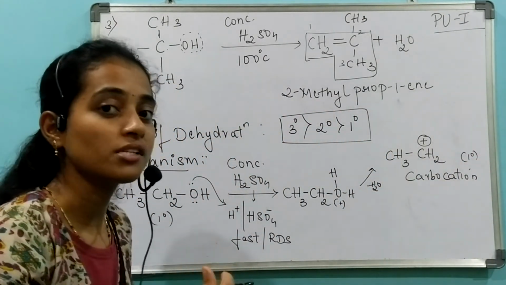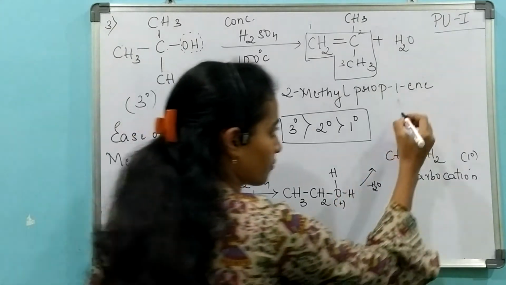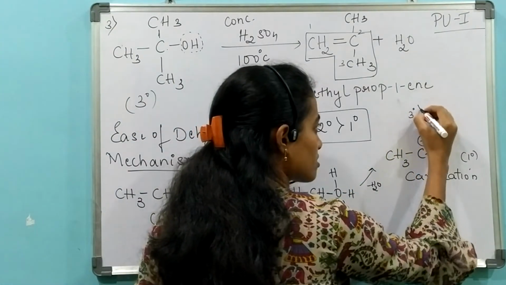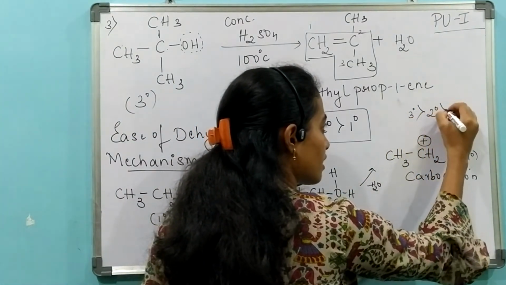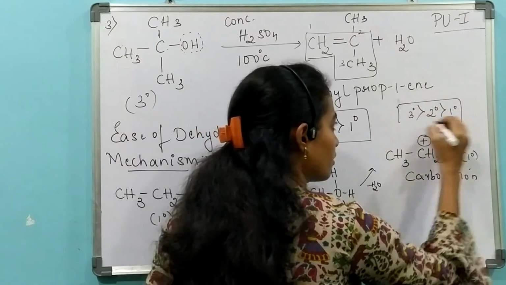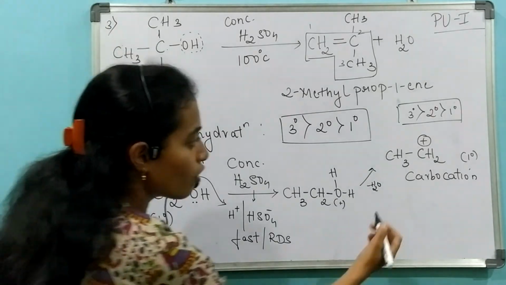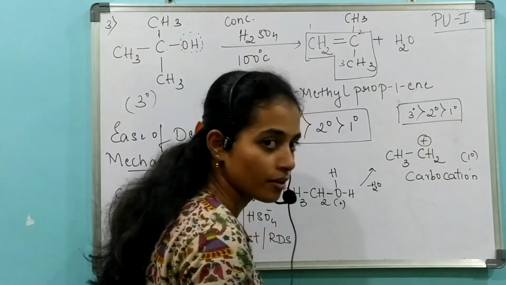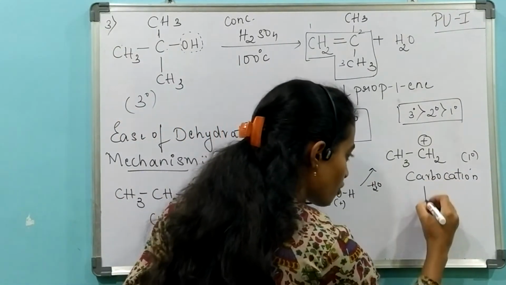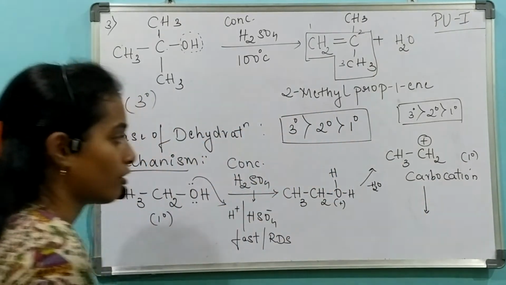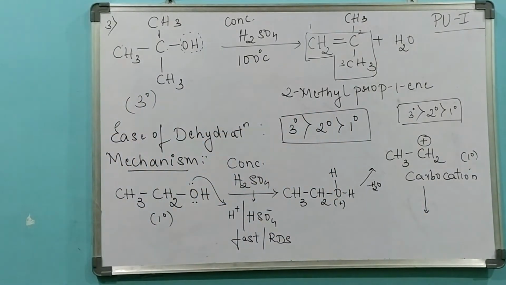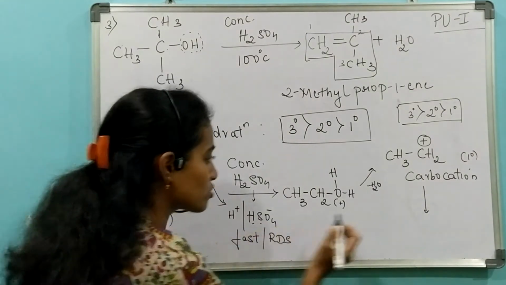And you people know the stability order of the carbocation. Tertiary carbocation is more stable than the secondary and than the primary. And you have formed the primary carbocation here. After formation of this primary carbocation, you need to stabilize it. How will you do that? In the presence of HSO4-.